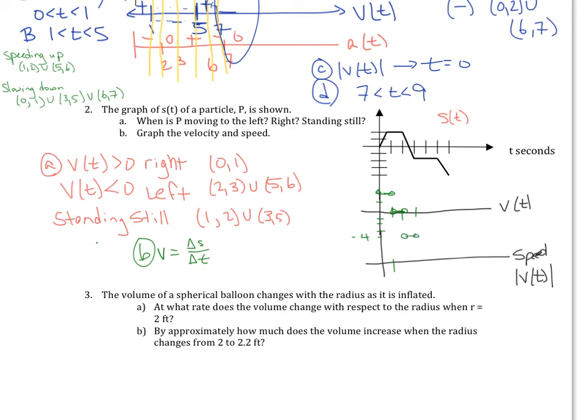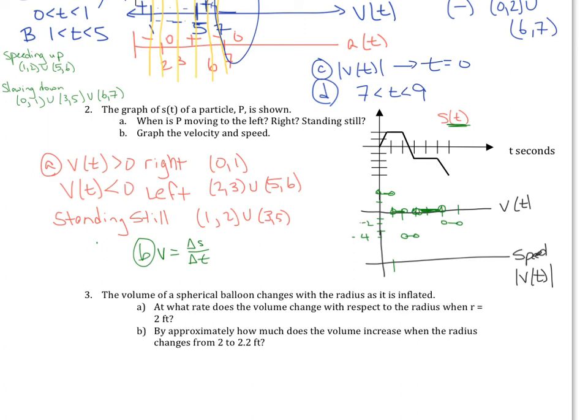The velocity means I'm going to graph the slopes of s of t. And then we're back to 0 all the way out, that would be from 3, 4, 5. I'm back to 0. Shade in between, open circles. And then this slope now is negative 2. So from here to there, I'm at negative 2.